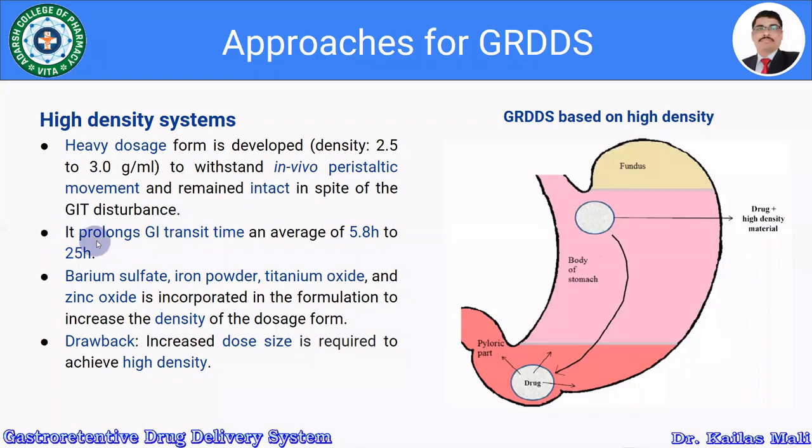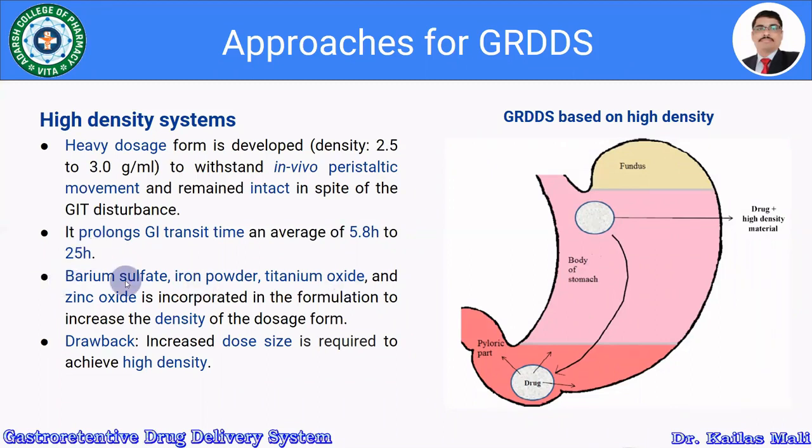It prolongs gastrointestinal transit time, on average from 5.8 hours to 25 hours. High density systems are going to be retained in the stomach for approximately 5.8 to 25 hours, depending upon the material which is used to formulate the system.